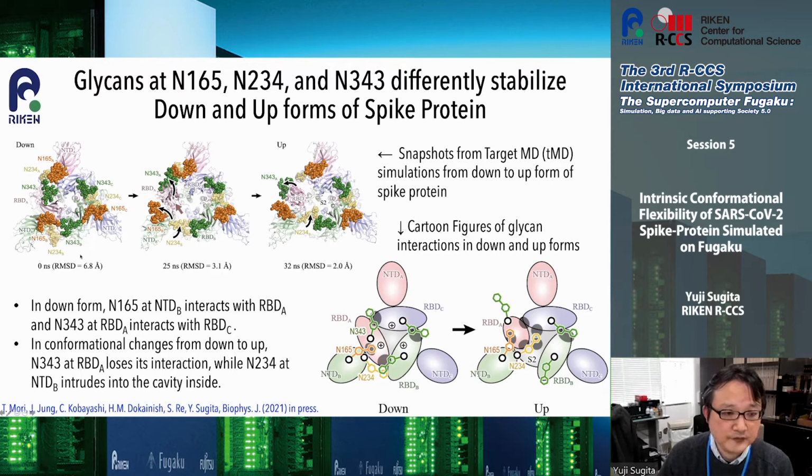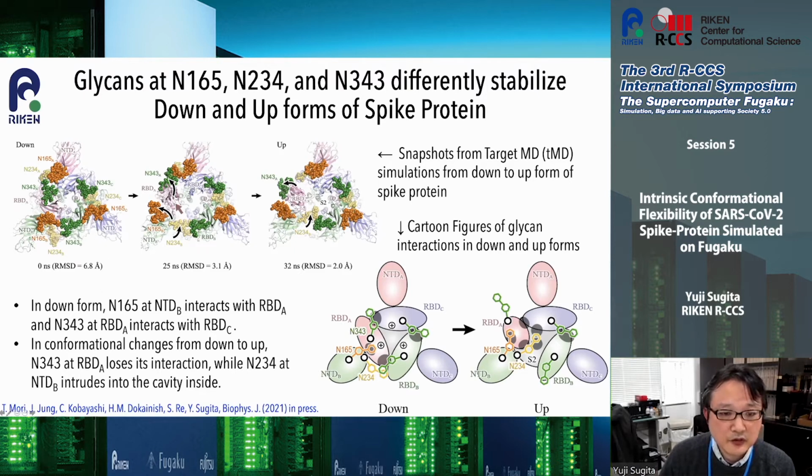First, in the down form, the glycan attached at N165 interacts with the RBD of chain B, and also the 343 glycan interacts with the RBD in the C chain.